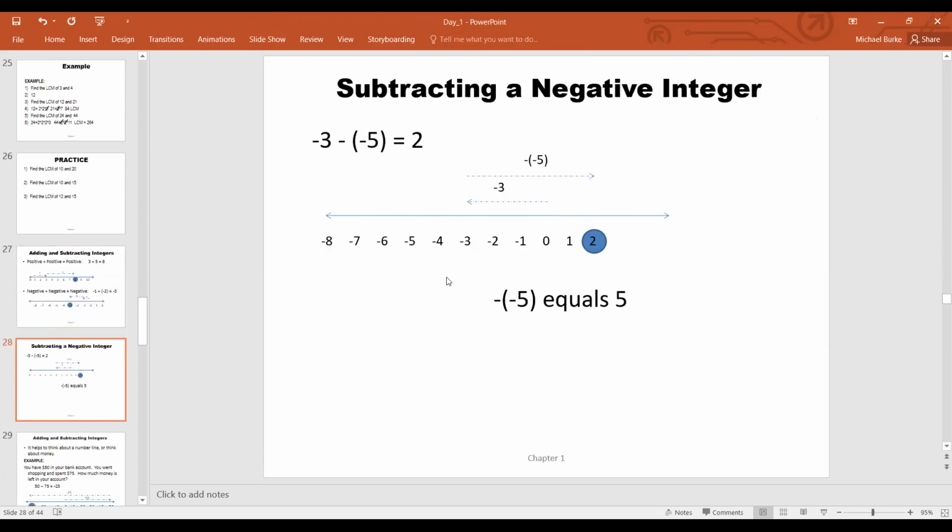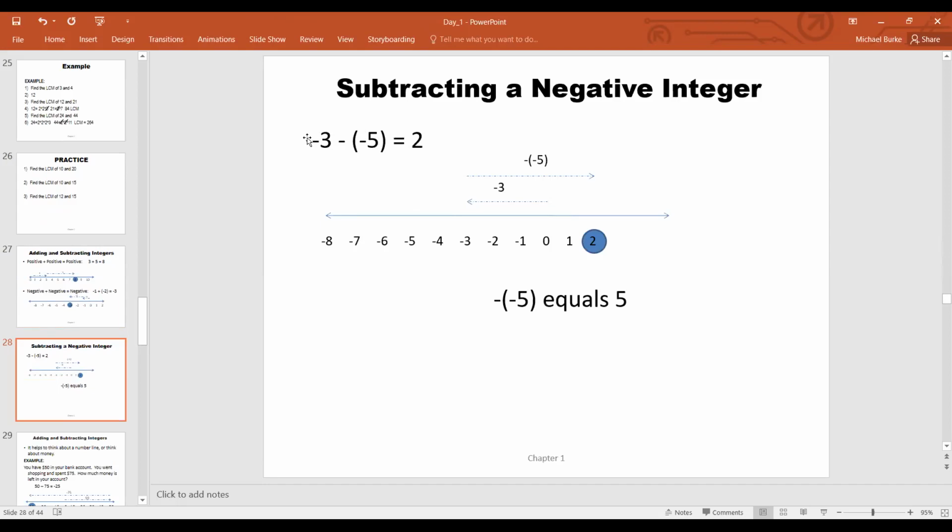Okay, so we can subtract a negative number. Now, here is what happens. This, again, is an implied multiplication. The implication here is that this is -1 times -5. Math uses a lot of implications and a lot of understood conventions. A negative times a negative is a positive.